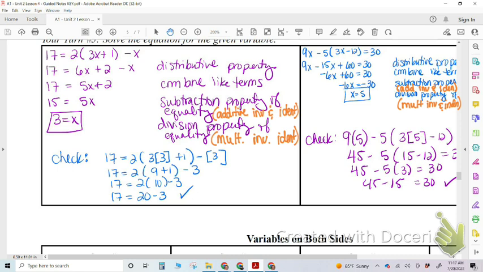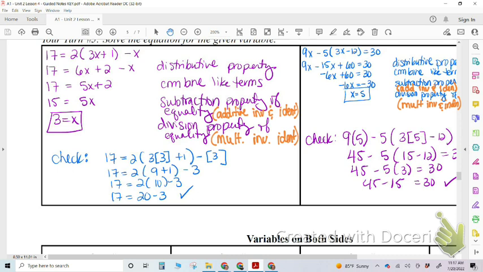Then you're dividing both sides by -6. That is your division property of equality. When you do -6 divided by -6, that gives you a 1. That's really technically the same thing as -6 times -1/6, so that's your multiplicative inverse. And when you do 1 times x and get just x, that is your multiplicative identity. So those are your reasons that go along with that.